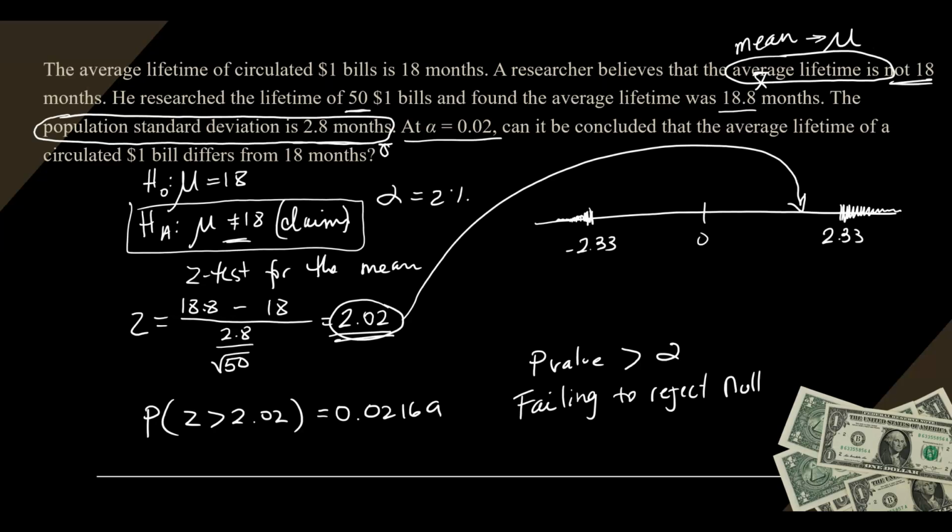The p-value is 2.169%. My alpha is only 2%. As I am having a p-value that is greater than the alpha, unfortunately, I cannot throw away the null. So I'm failing to reject the null, and my evidence does not support the claim. Alrighty.